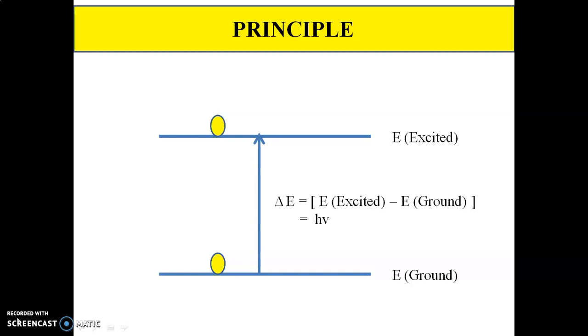It may or may not impart any color to the compounds. Examples of chromophores are carbonyl, alkene group, nitro group, alkyne, etc.